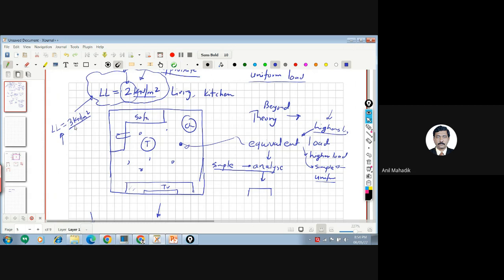Because he is not having experience, he is afraid, and that's why he is taking higher loads. I know that he will give a safe design, no problem, but it will not be a cost effective suggestion. So the person who assumes correct loads, which will make the structure safe and cost effective, durable, serviceable, and so on, a lot of parameters.